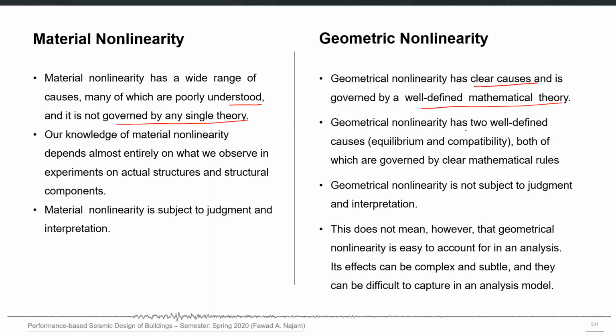Geometric nonlinearity has two well-defined causes, equilibrium and compatibility, as we have discussed in the last few slides, both of which are governed by clear mathematical rules. For the material nonlinearity, on the other hand, our knowledge depends entirely on what we observe in experiments on actual structures and structural components.